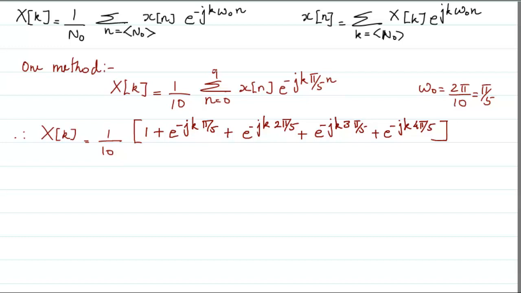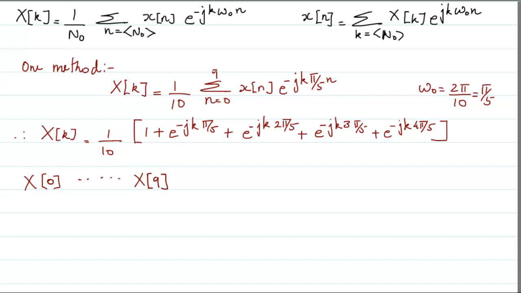Now k is going to go from where to where? Obviously we have to find x of 1, x of 2, x of 3, like that. We will start from x of 0 and we will go all the way up to x of 9. Why?